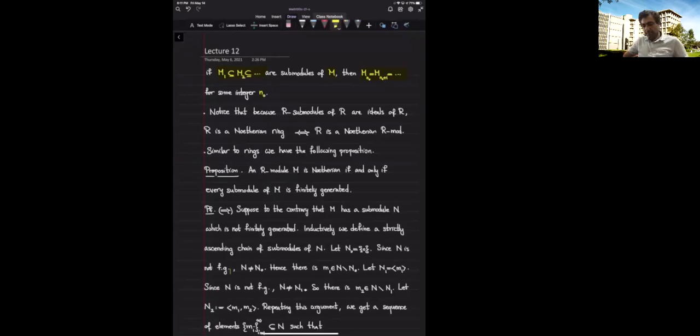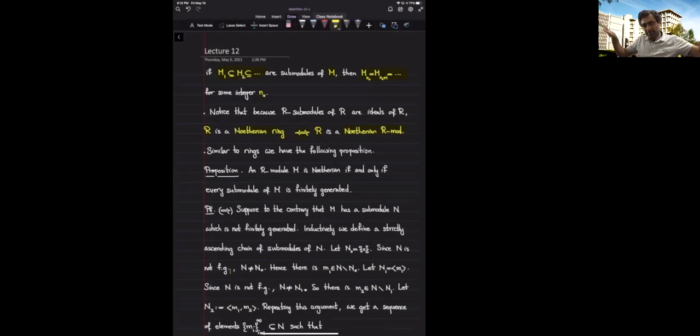So notice that because submodules of a ring R, as R modules, are precisely ideals, then from this definition, it is clear that R is a Noetherian ring precisely when it's a Noetherian R module. You see, R is the same object, but on one hand, we are putting the hat of being a ring and viewing it as a ring, and on the other hand, I'm thinking about it as an R module.